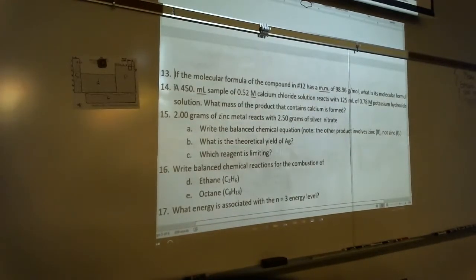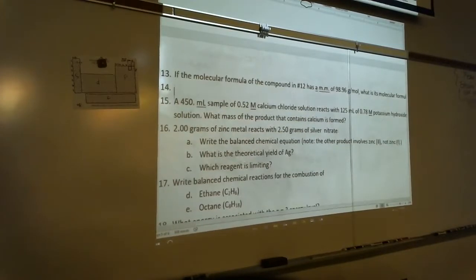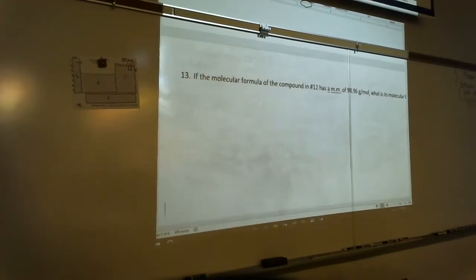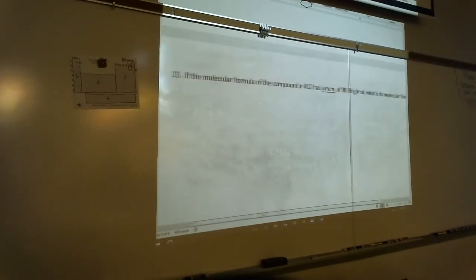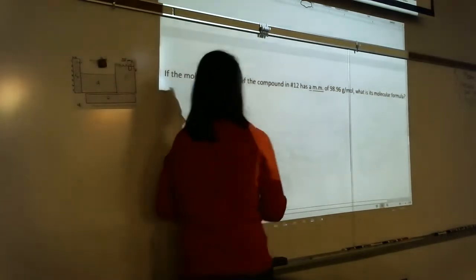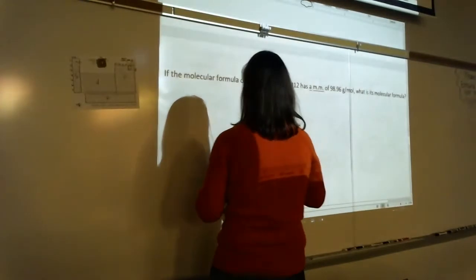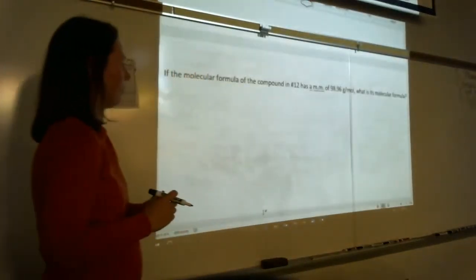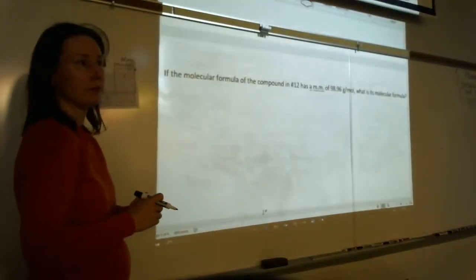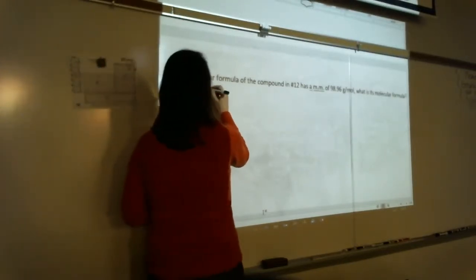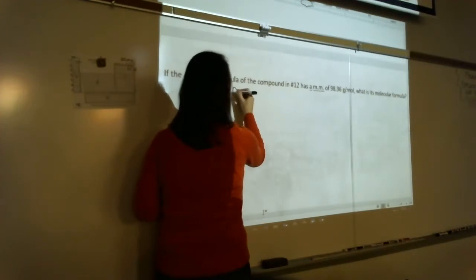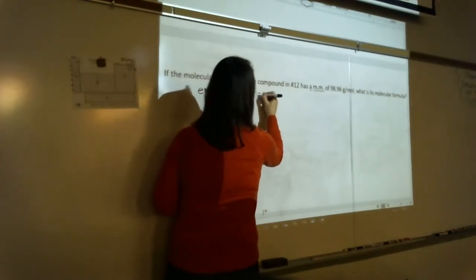13, if the molecular formula of the compound in number 12 has a molar mass of 98.96 grams per mole, what's its molecular formula? So how do you convert empirical to molecular? You find the empirical molar mass, and then you divide the given molecular mass by the empirical to know how many times to multiply your empirical.